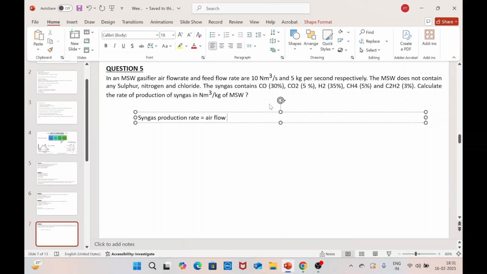Airflow rate times 0.79 by 1 minus the percentage of carbon monoxide plus carbon dioxide plus hydrogen gas plus methane plus C2H2 acetylene, times feeding rate.